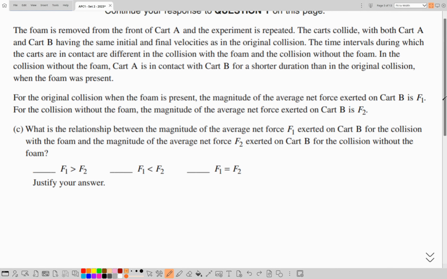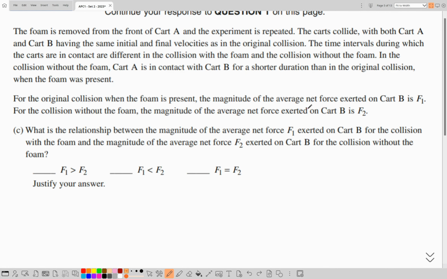Now part C, which is the last part of this exercise. They're telling us the foam is removed from the front of cart A and the experiment is repeated. The carts collide with both cart A and cart B having the same initial and final velocities as in the original collision. The time intervals during which the carts are in contact are different in the collision with the foam and the collision without the foam.